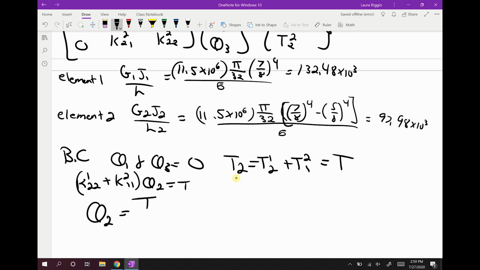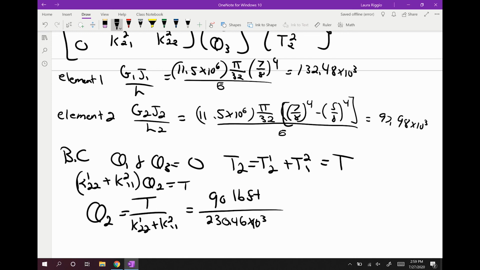So theta 2 is our applied torque divided by K22(1) plus K11(2), which equals 90 foot-pounds divided by 230.46 times 10 to the 3 pounds per inch, times 12 inches per foot. We get an answer that our angle of twist is 4.6863 times 10 to the minus 3 radians.